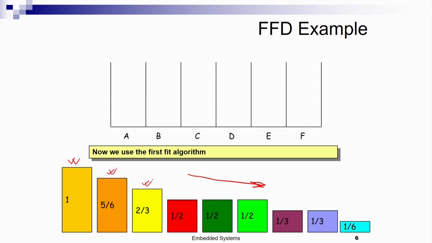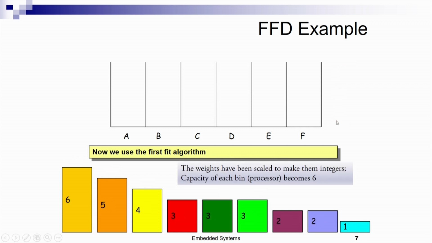We will scale these tasks so that each of them becomes an integer, which essentially means we will multiply each of these utilizations by 6, and then the capacity of the processors, instead of 1, will now become 6 after we scale these tasks. So, after scaling, what happens?